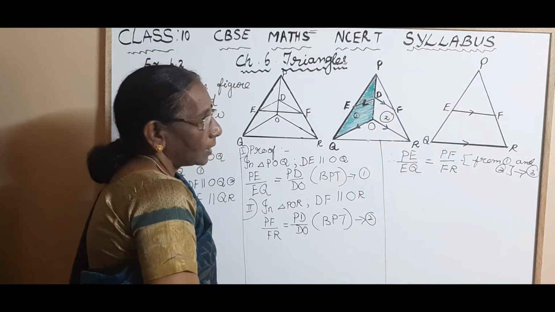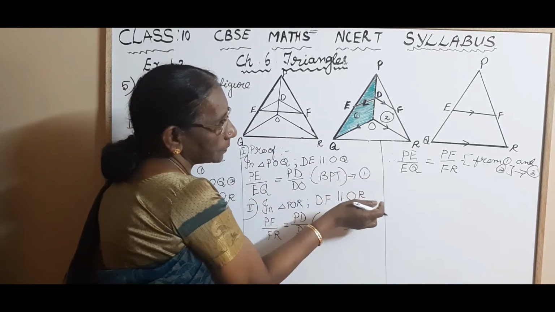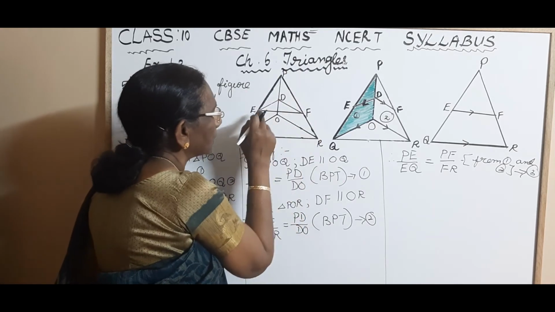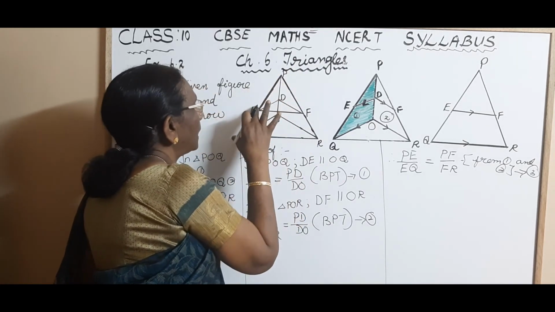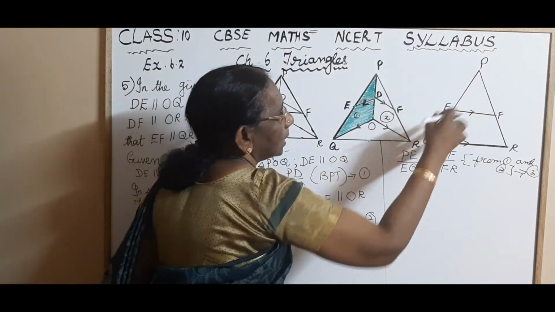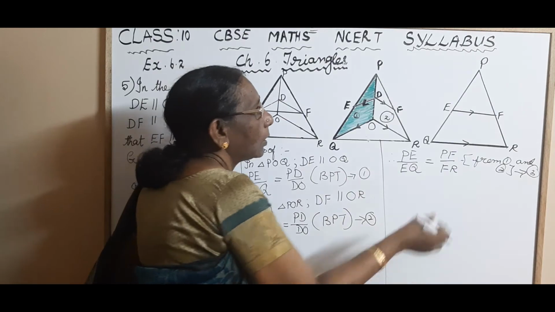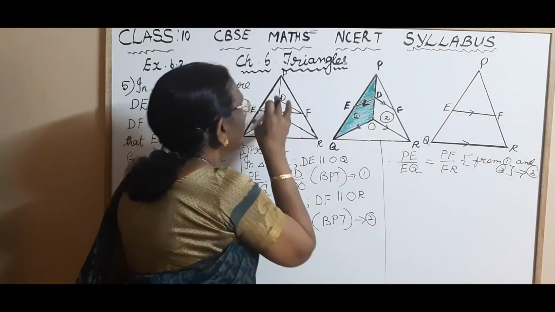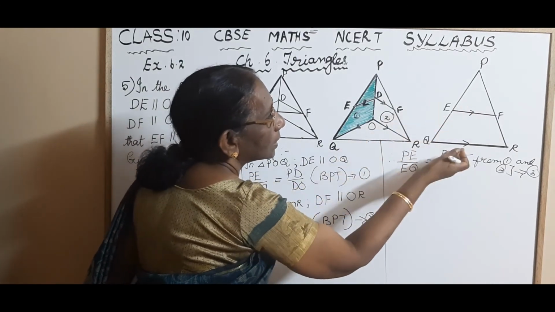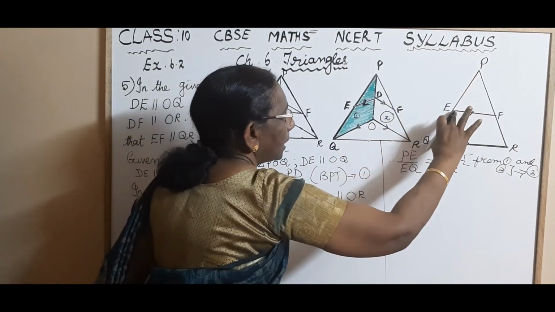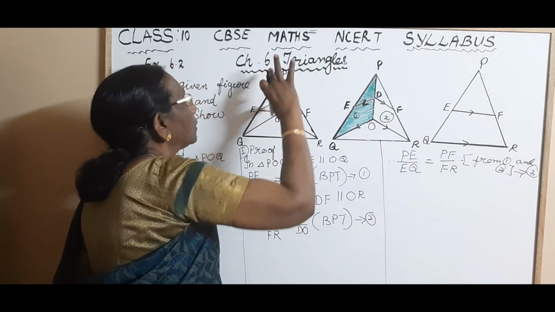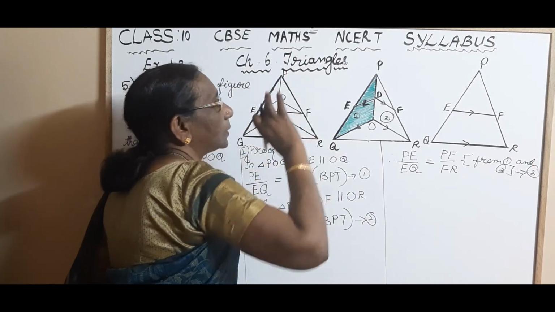Now you just take the big triangle PQR. PE by EQ is equal to PF by FR. I have drawn it separately to have a clear idea. So in this big triangle, PE by EQ is equal to PF by FR.